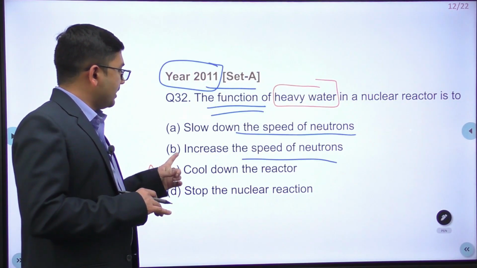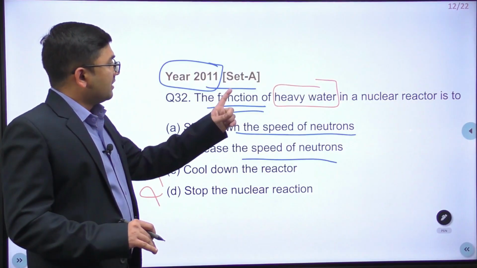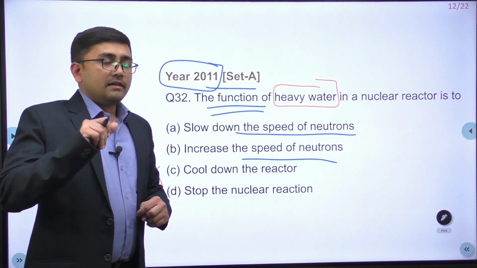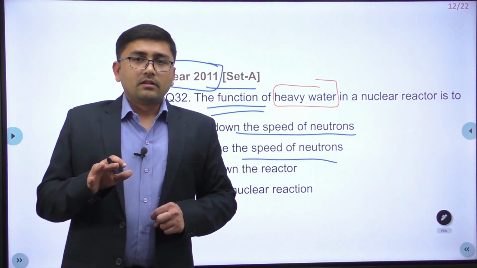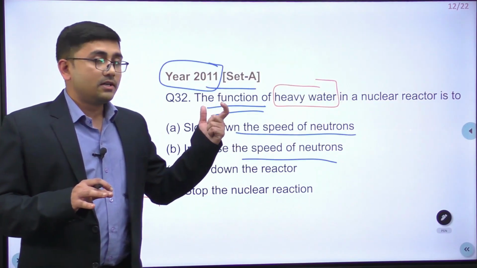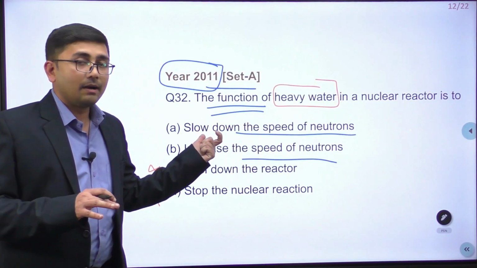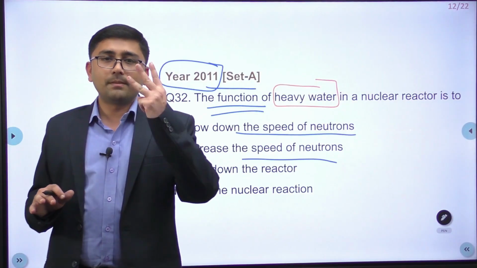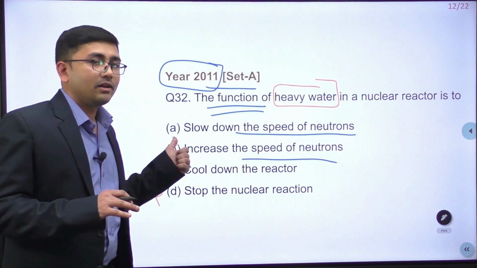Okay. Now come to A and B. The keyword is heavy water and the function of heavy water. Now see, the word is heavy water. Go with word association, which means you are going to apply word association, alike wording, and this rule number 18. At a time you can apply 3 techniques and mark your right answers.